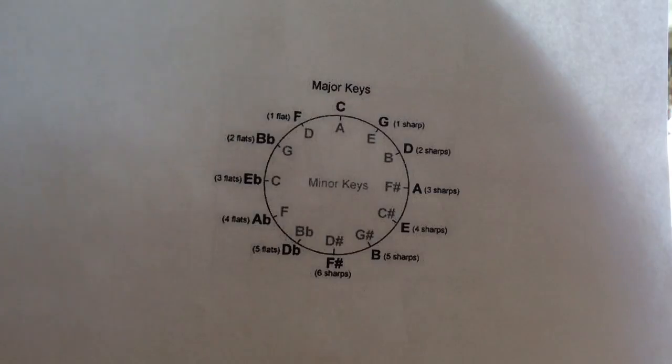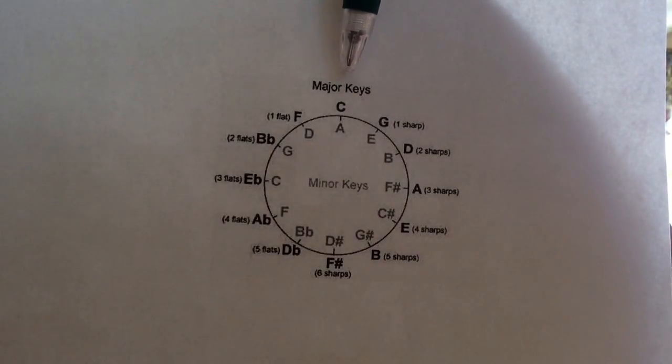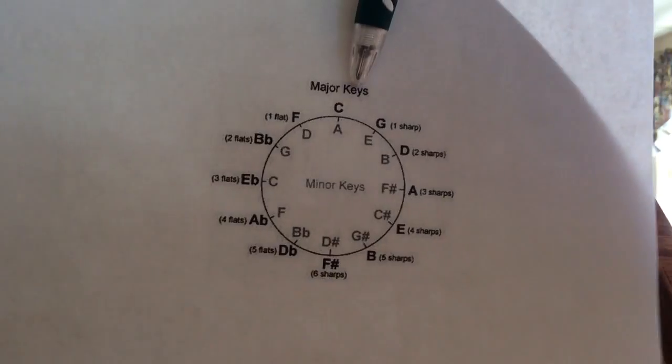For most folks, it is much easier to start in the key of C major because there are no sharps and no flats. If you have trouble remembering which sharps or flats occur in each key, they created that with the graph as well.